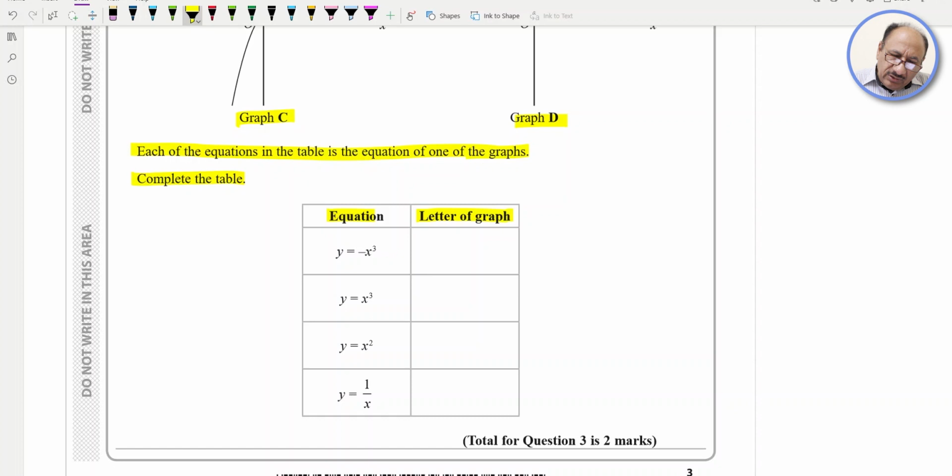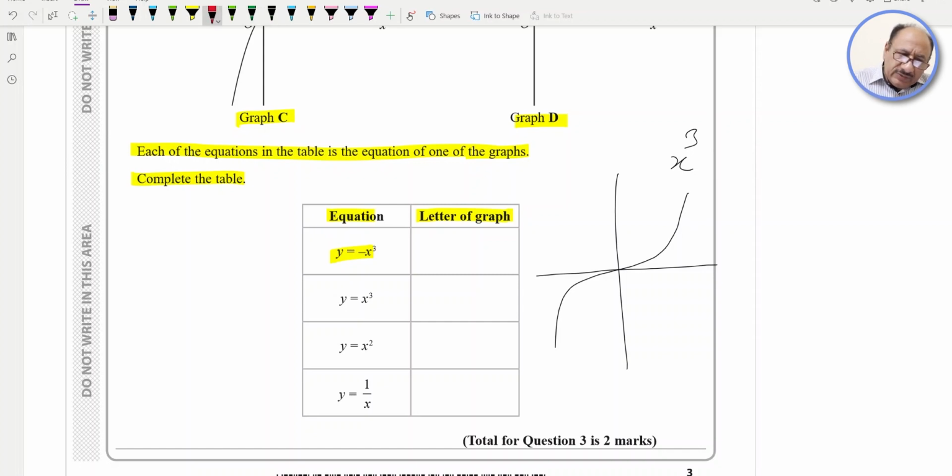If we identify, the first equation is a cubic graph, and we know a cubic graph is of this format. For example, here we are drawing the coordinates, so if it is plus x cube, this will be the graph, and if it is minus x cube, it will be in this quadrant and this quadrant.